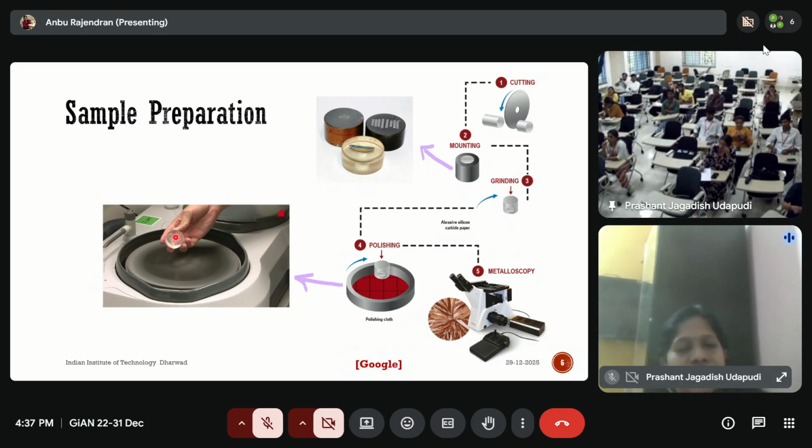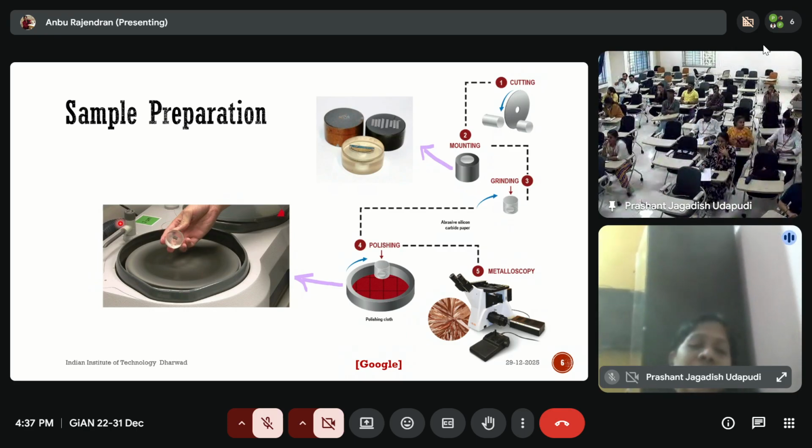If there are any scratches or cutting marks during analysis, they will hide whatever features are available on the surface. So mirror finishing is a must for microstructural analysis. Once you have done the sample preparation, the sample is ready for taking the microstructure.